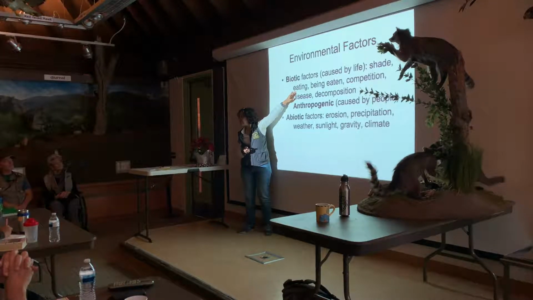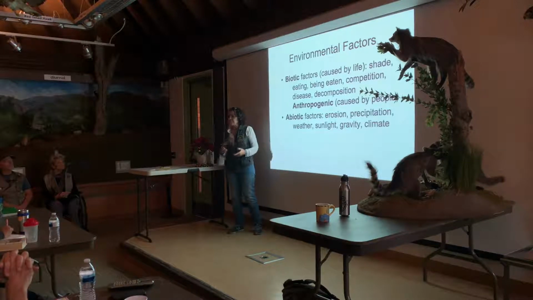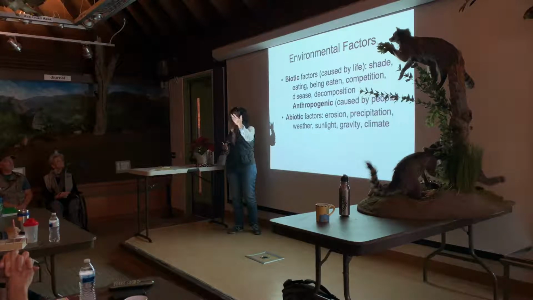That's a real obvious, easy example that we can all relate to, and it comes up in our presentation to the kids. But when you're out walking around in the park, you're not going to see a lot of eating and being eaten. But you can see some signs of things eating or preventing being eaten.